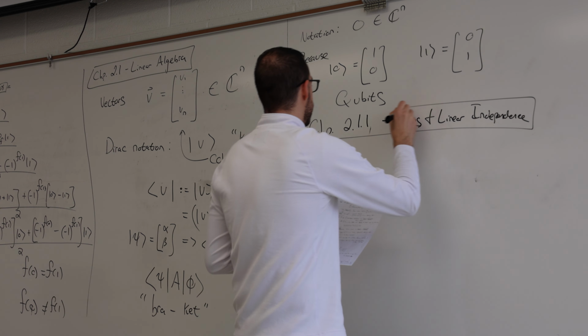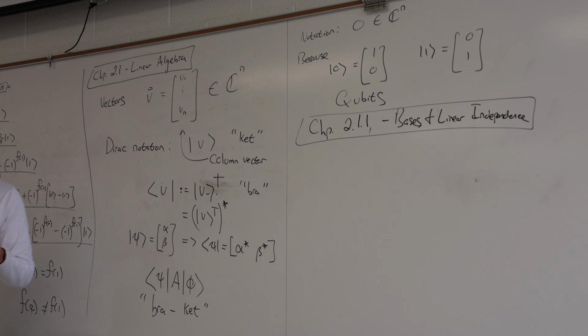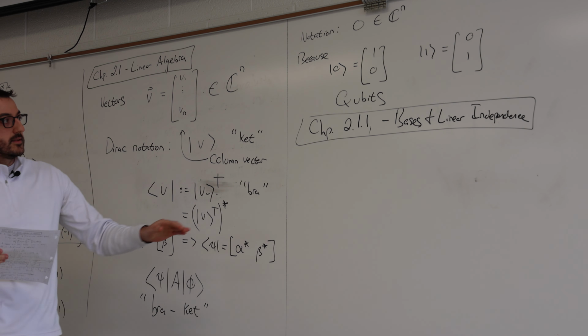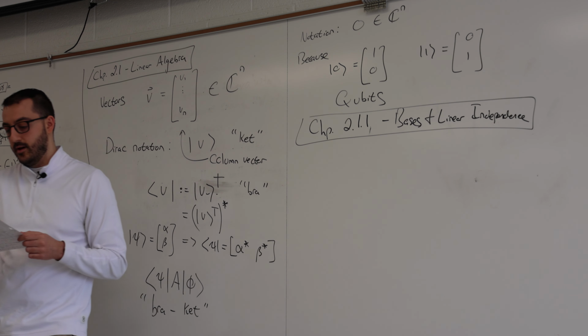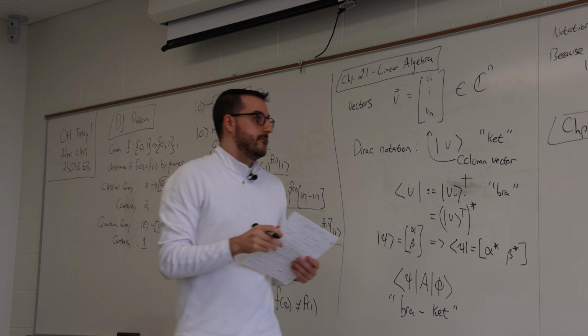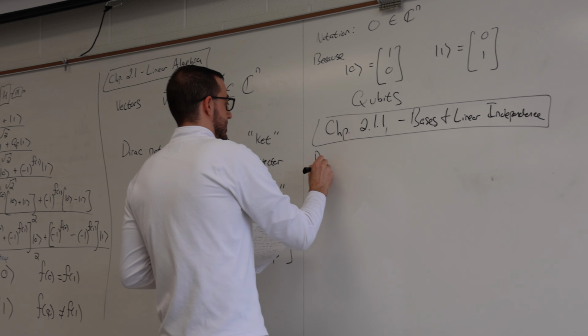After we have vectors, we want to talk about bases and linear independence. This is chapter 2.1.1 of the textbook. Our first definition is of a spanning set.